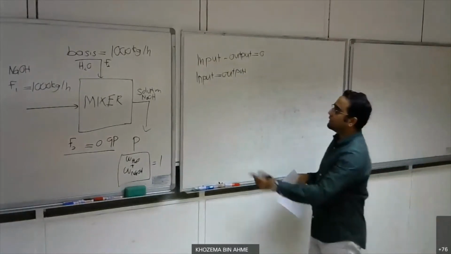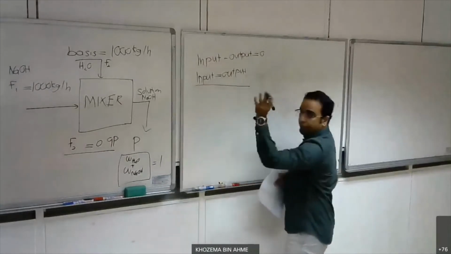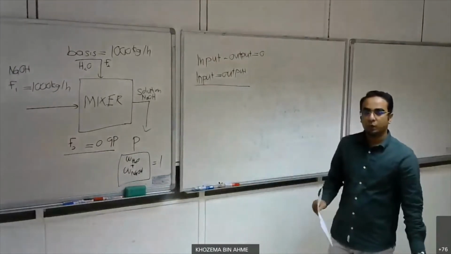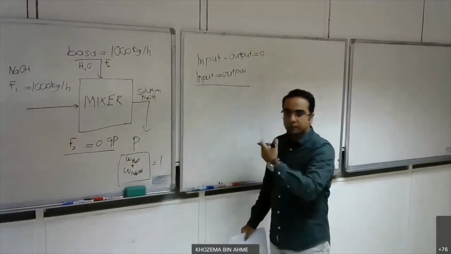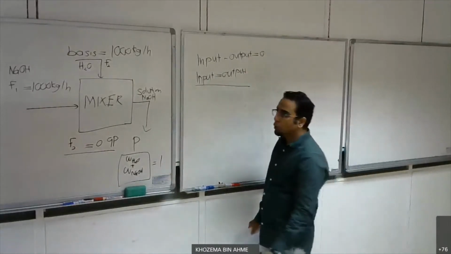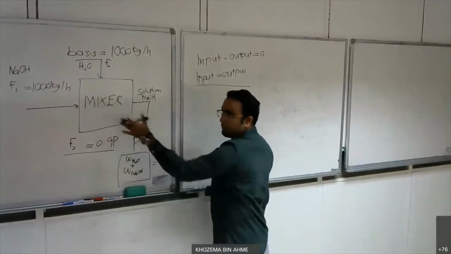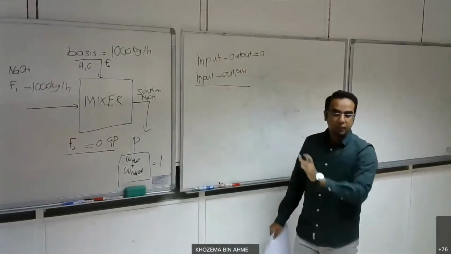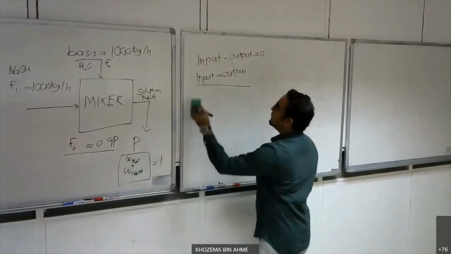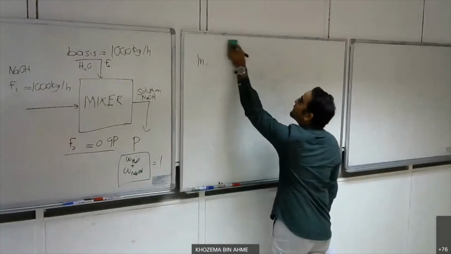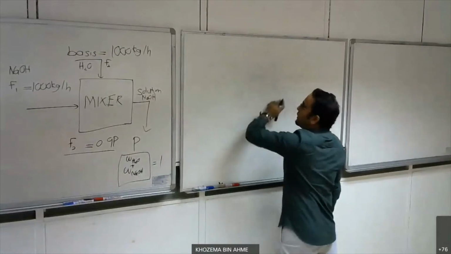So this is our general equation now for this system. Input equal to output, meaning that whatever is going in must come out because there is no accumulation in our mixer. Nothing is staying in our mixer. So now, since we know that input is equal to output, we can start to write our equations.